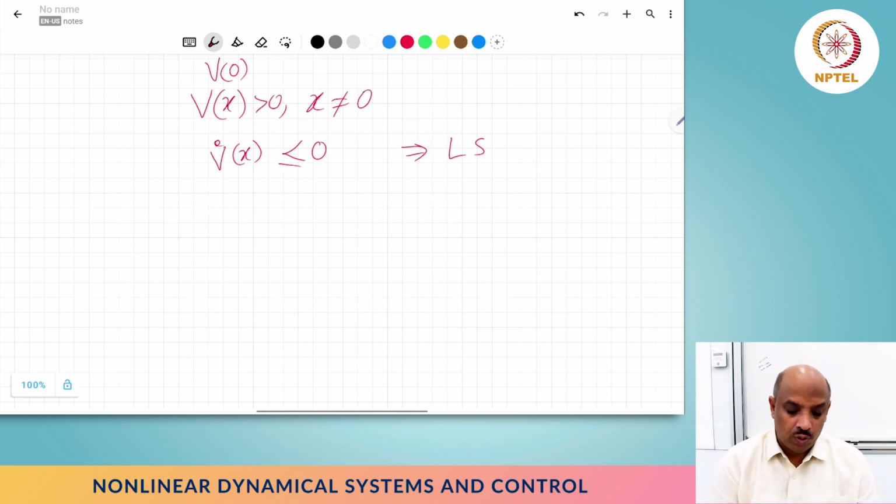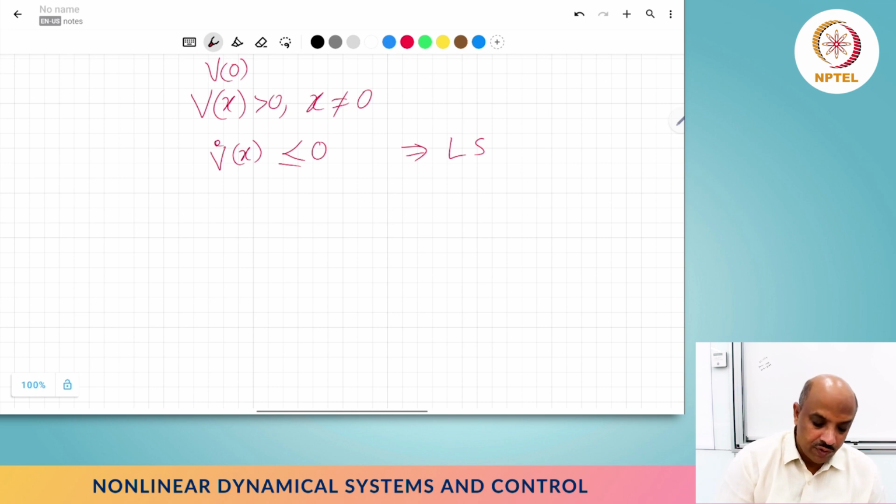We want to avoid using V dot strictly less than 0. That means maybe there are functions where we cannot find that, but yet we can achieve asymptotic stability. That's the point we're trying to make. So how can we show asymptotic stability using a function that has V dot less than or equal to 0? If we had strictly less than 0, then we would get asymptotic stability automatically, as we proved earlier.